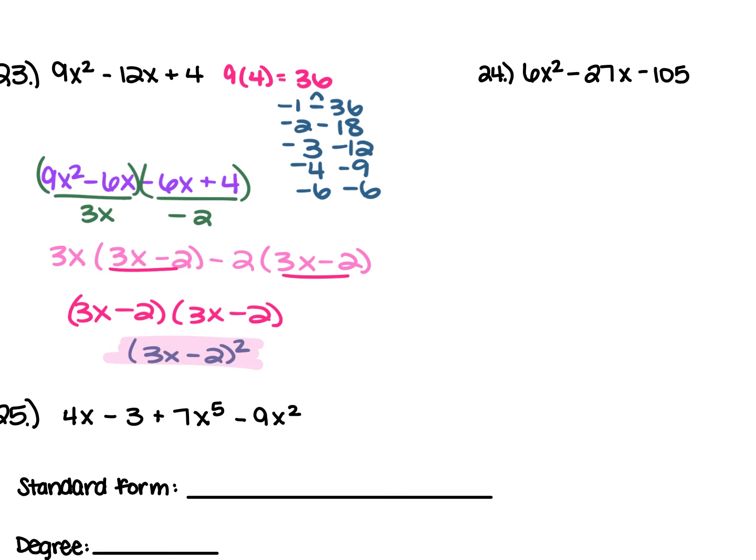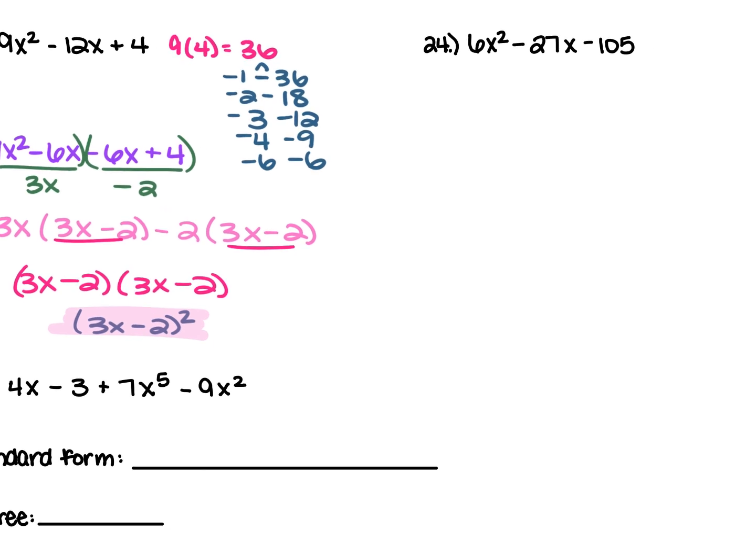For 24, you have 6x squared minus 27x minus 105. You have a greatest common factor on this one, which is 3. So we're going to divide out the 3, and that's going to give us 3 times 2x squared minus 9x minus 35.